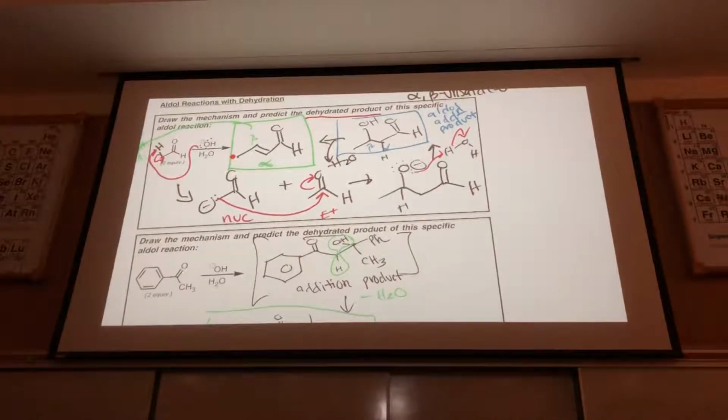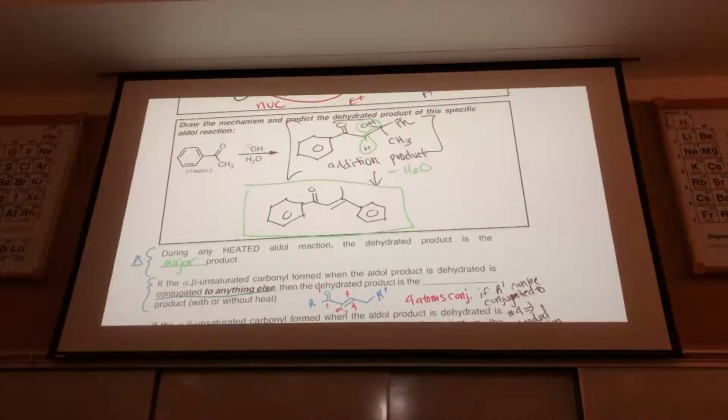Methyl did not do anything like that, right, to promote that to go further. So in that case, I would probably, on my old exams, just to make it extra clear that I want you to draw that, you would either have the words, same dehydrated product, or you would even have heat added over it to indicate that you're going to keep going. If you don't see heat, you don't see extended conjugation, you could very well stop at the aldol addition product.